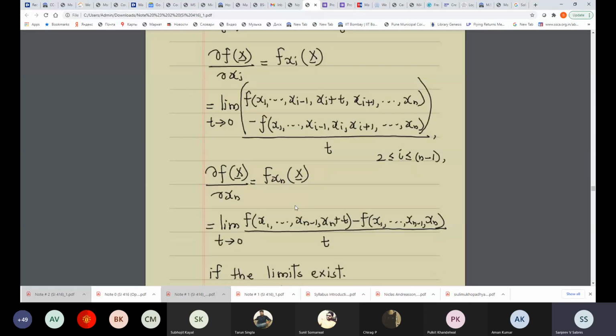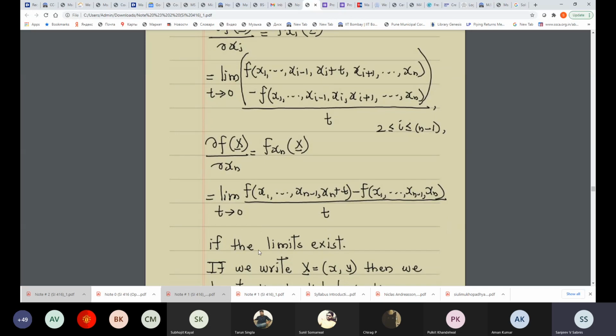The partial derivative of f with respect to xn is f of x1, x2, ..., xn minus 1, xn plus t, minus f of x1, x2, ..., xn minus 1, xn, divided by t as t approaches 0, and of course this is provided all these limits exist.